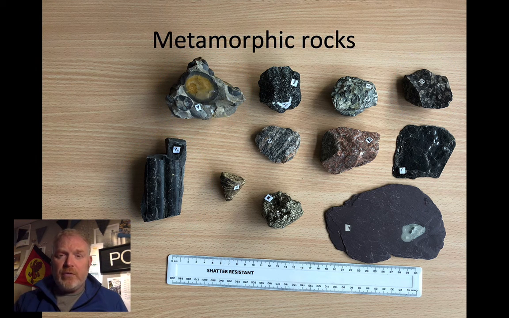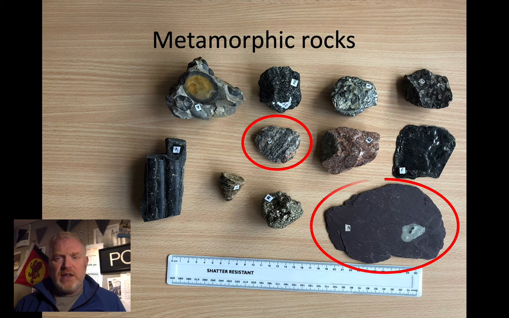The two metamorphic rocks, gneiss, which is specimen H, and slate, which is specimen U, both have alignment in common. The minerals within this rock are aligned. It's why the slate will split into parallel sheets to make it so useful for roofing.